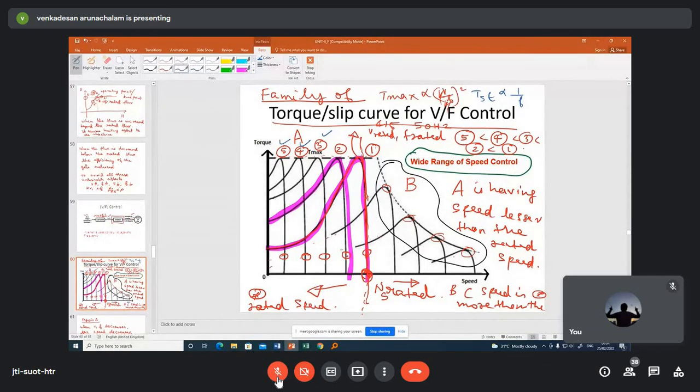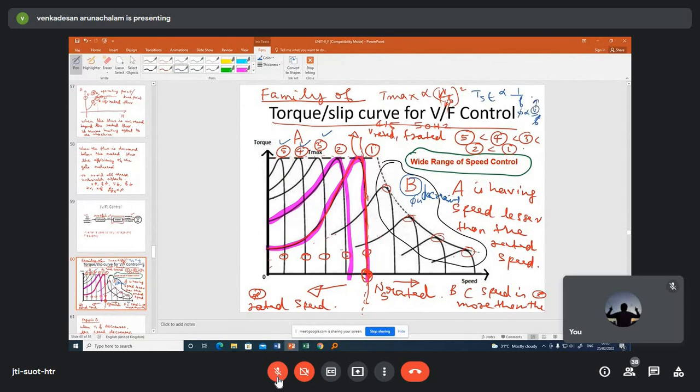In region D, flux is decreasing, because phi is proportional to V by F, and you are increasing the frequency.